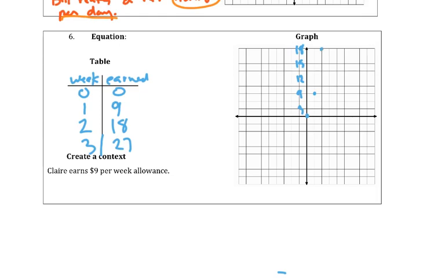Oops, I messed up on that. It'd be 9, 12, 15. There we go. 18, 21, 27. So 0, 0, 1, 9, 2, 18, and then 27. It looks something like that. So our equation, y equals 0 plus 9x. And again, we can see those same growth numbers as we did on the other one.